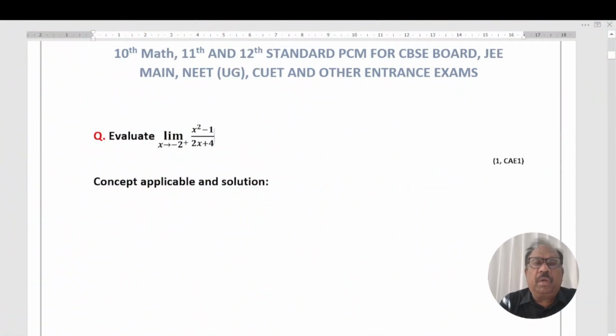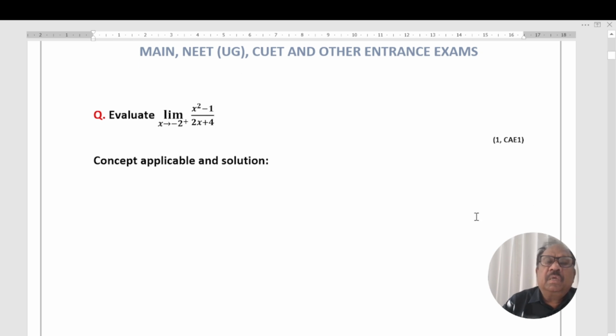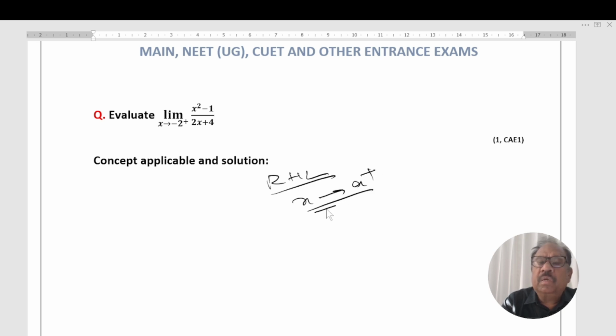Question is, evaluate the limit x tends to minus 2 plus of (x square minus 1) upon (2x plus 1). In this case, it is a question of right hand limit, that is x tends to a plus.